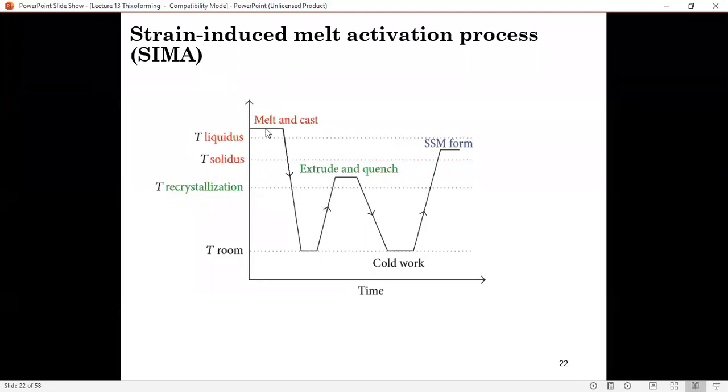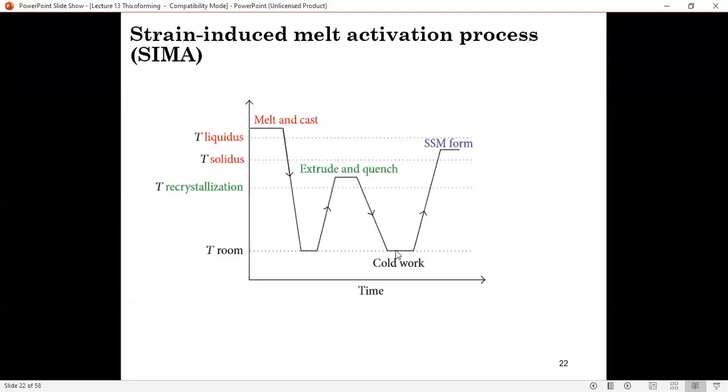So you melt and cast, and then you cool it down to room temperature. Then you do extrusion, and when you do this extrusion, you have to do it above the recrystallization temperature. So the work being done on the material is hot work, and then you quench it. Once it's quenched, then you do cold work.